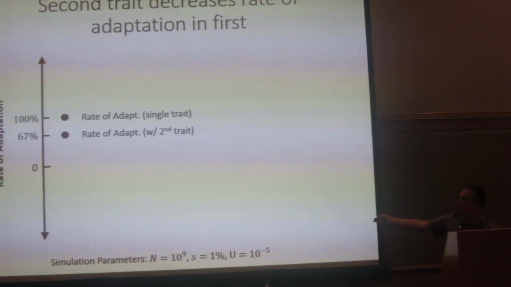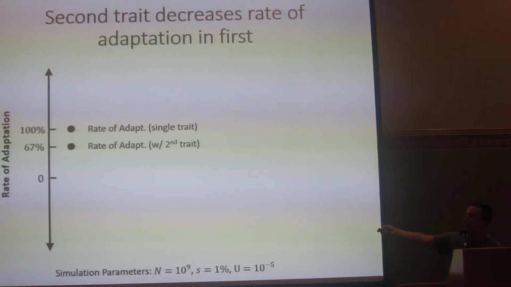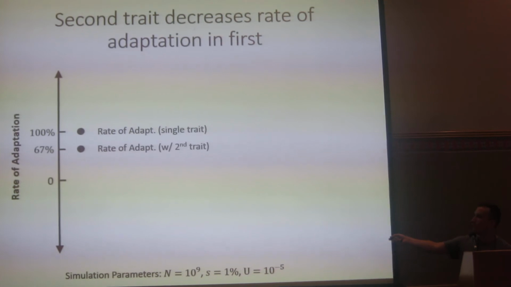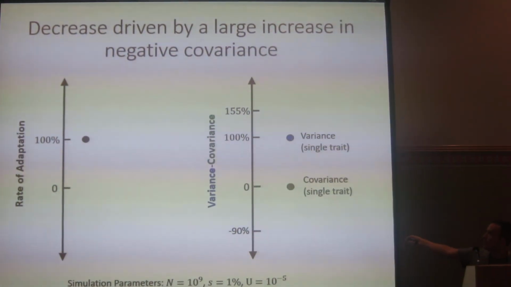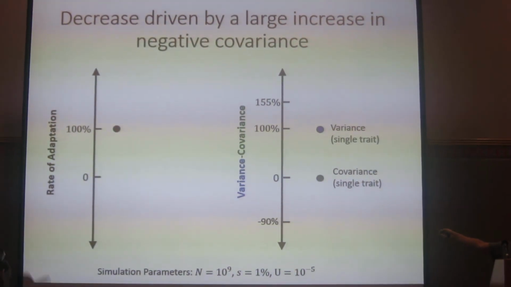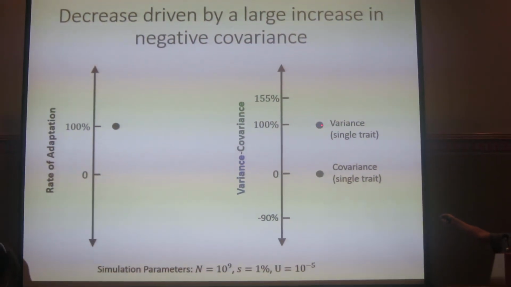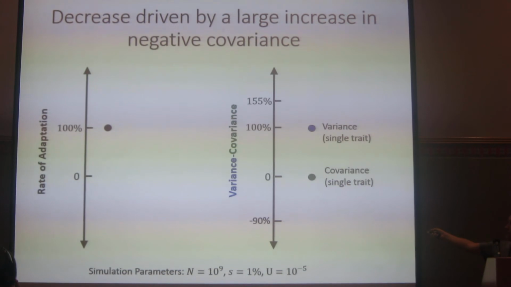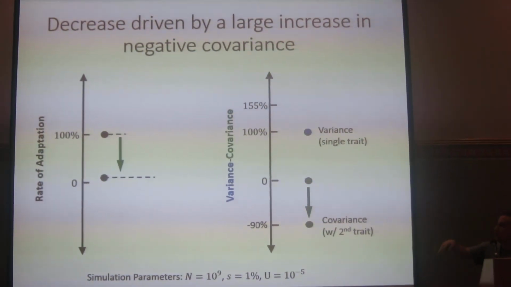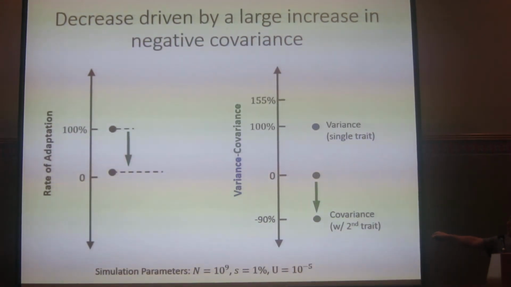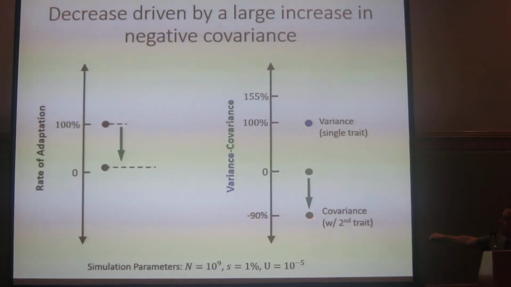And what we did find is that adding the second trait reduces the rate of adaptation in the first, which is this drop here. The reason that happens is that when we run simulations, we observe the variance in the first trait here, and of course there's zero covariance. By adding the second trait, you now consider the evolution of this two-dimensional distribution, and the covariance increases in magnitude.